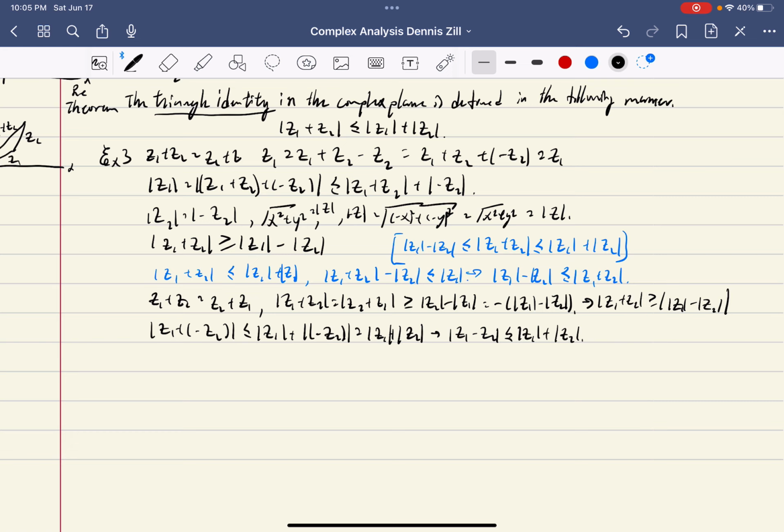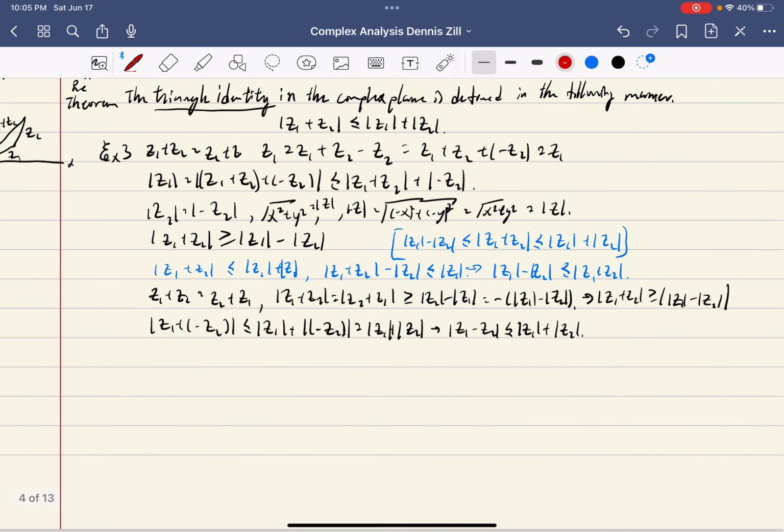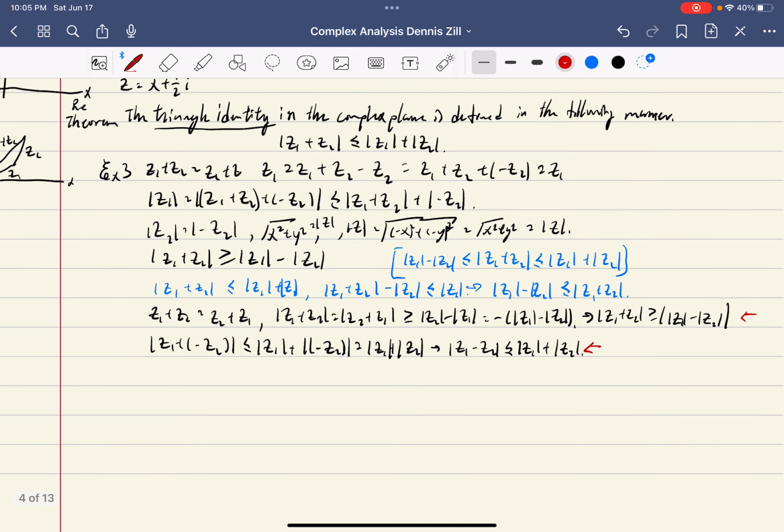So let's use red. This is important, right? And I think this one is also important. And you also have this, this is important, right?